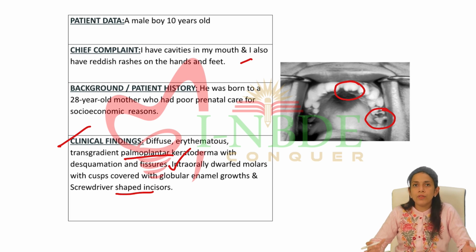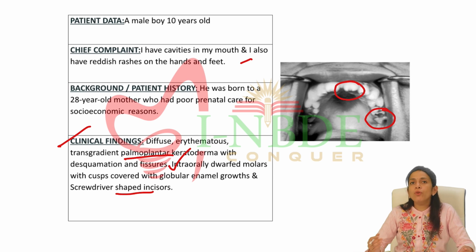Right, so all these are the features of the Hutchinson's triad. Very good. It's congenital syphilis, right? So it's nothing but a case of congenital syphilis. As you can also see a rash, besides that, the intraoral findings are these. So obviously the question is helping us to think of congenital syphilis.